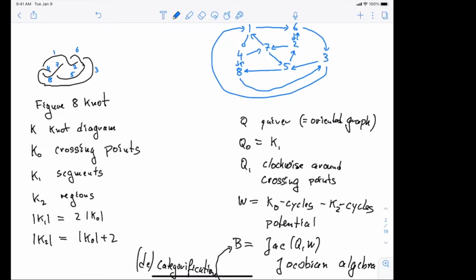But if you know it comes from a knot, then you know the clockwise arrows will correspond to the crossing points, and the arrows themselves to segments. So it's kind of drawing a dual graph. Okay, thank you.